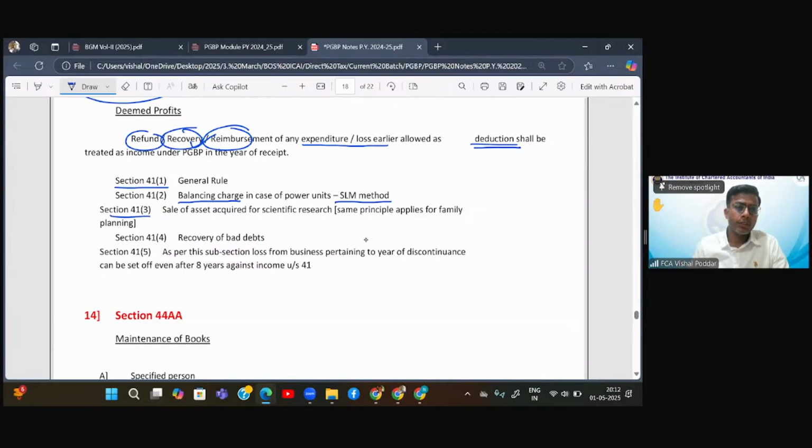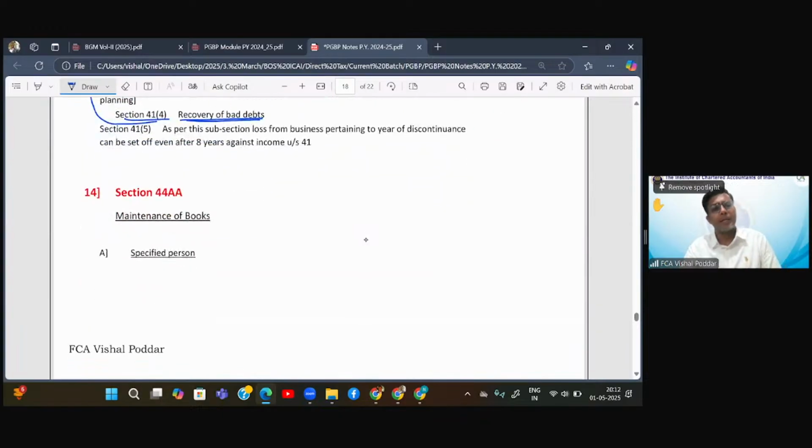Then 41(3) we just studied when scientific research, they sell their assets. 41(4) covers recovery of bad debts. So different subsections cover different case scenarios, all follow this simple logic. That these are expenses of past year for which you claimed deduction then, now you are repaid back.